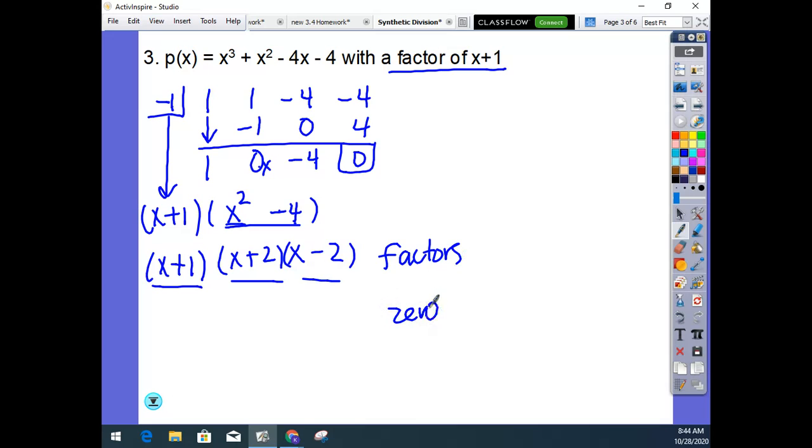Now we need the zeros, the value of each one that makes it equal 0. Then my constant, my y-intercept, is negative 4.